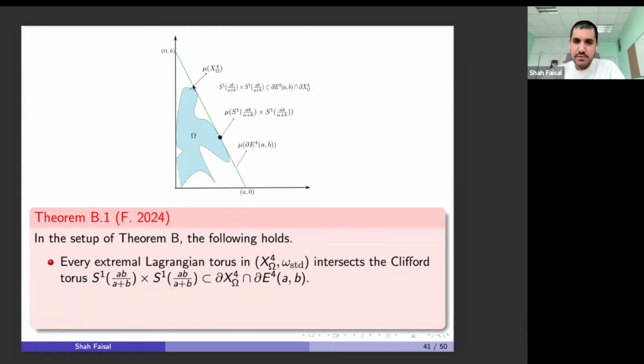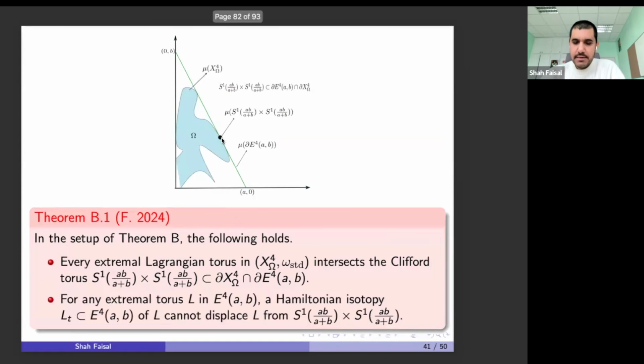There are no extremal tori in these other components. All of them are staying here. And every extremal torus cannot be displaced. So an extremal Lagrangian torus cannot be displaced from the Kleppert torus using a Hamiltonian isotopy. So that's a non-displaceability.